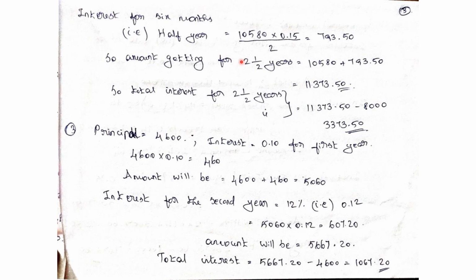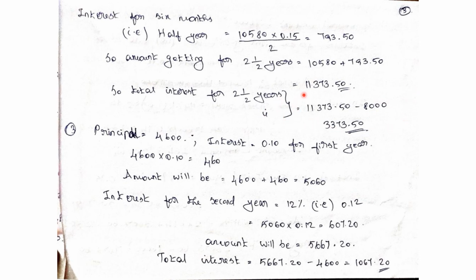Half year means we need to divide by 2, because half is one by 2. So 10,580 into 0.15 divided by 2 will get 793.50. So the amount for 2.5 years is equal to 11,373.50.